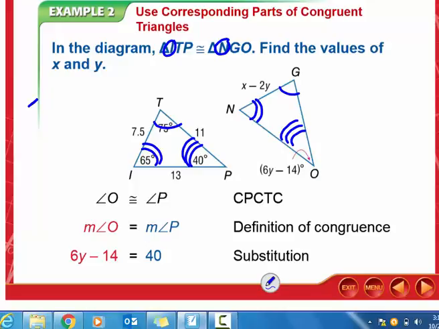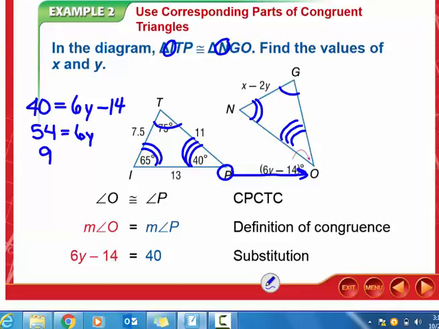I'm going to write the equation: 40 equals 6y minus 14. Because remember that P corresponds to O. I'm going to add 14 to both sides. 54 equals 6y, so 9 equals y.